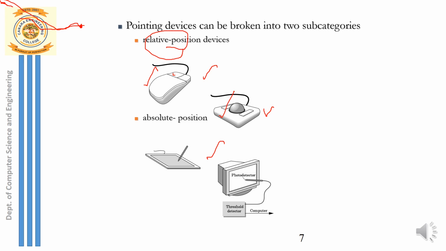Wherever you click or press, that exact position is returned to you. It is not with respect to the origin, or you can say it is not with respect to 0,0. Wherever you click on the screen, that exact position is returned to you. So you call that an absolute position. These are the two categories that we have.